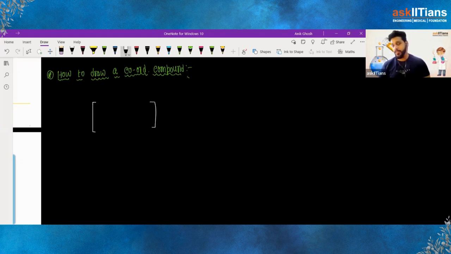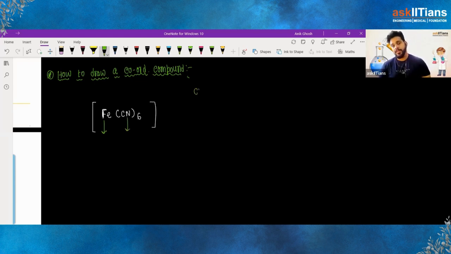Now let's say I'm giving you a random molecule, Fe(CN)6. That's the molecule. Where, guys, you can see in coordination chemistry, I told you there'd be an acceptor and there'd be a donor. Now over here, who's the donor? Definitely the cyanide.